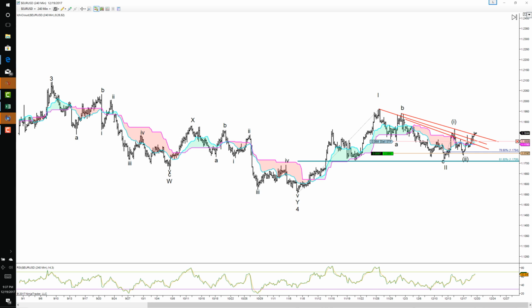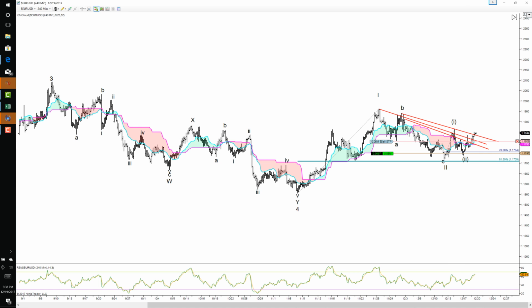I'm tripping out. So this will be A here, A of 4, B of 4, then I'll have A of C, then A, B, C for B of C, and then wave C of 4, wave C of C basically would come down to the 1620 area like I suggested.